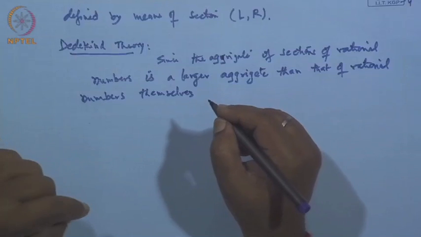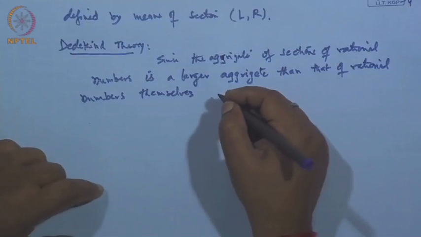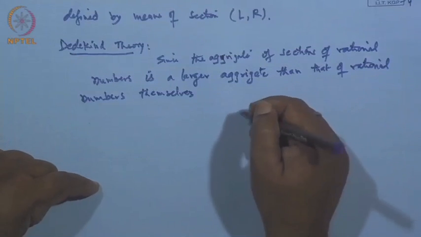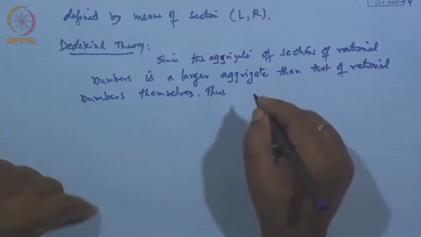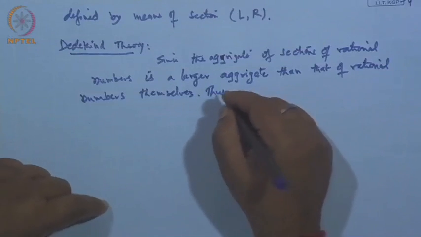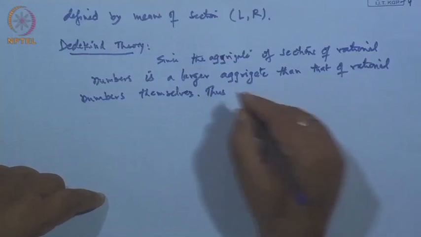So, it includes the section corresponding to all rational numbers, and thus we define the numbers corresponding to this additional section.